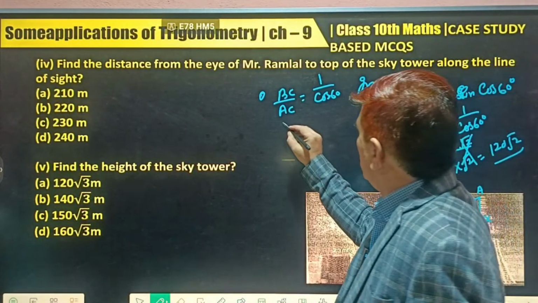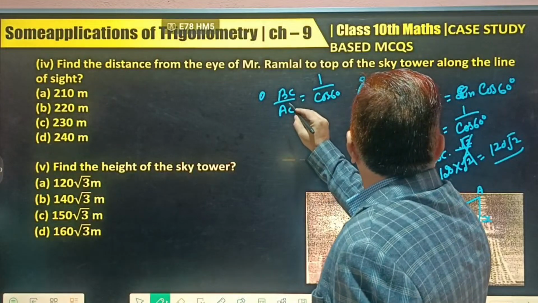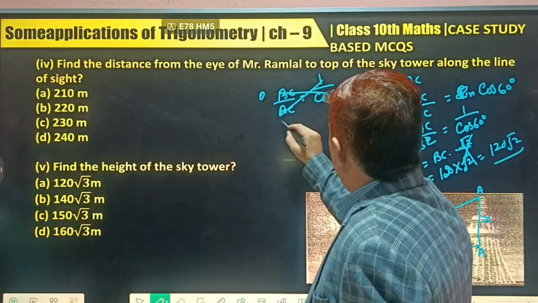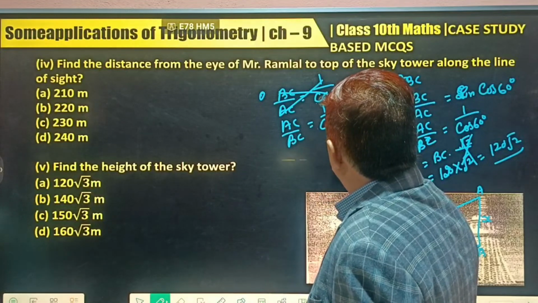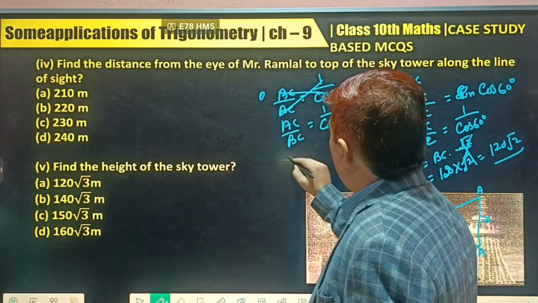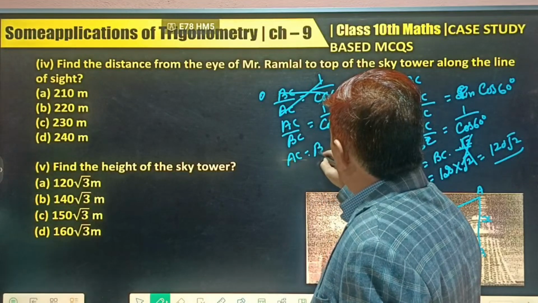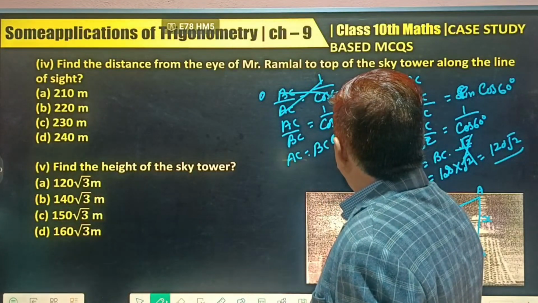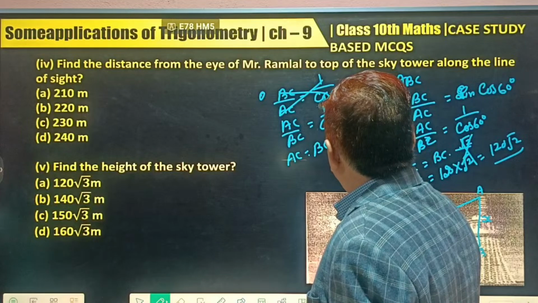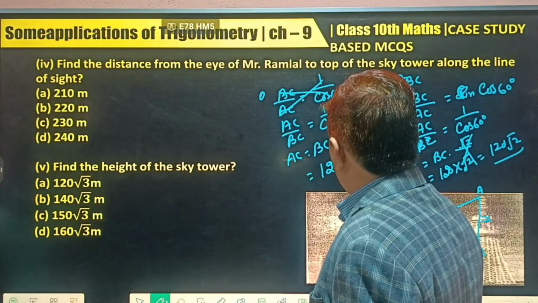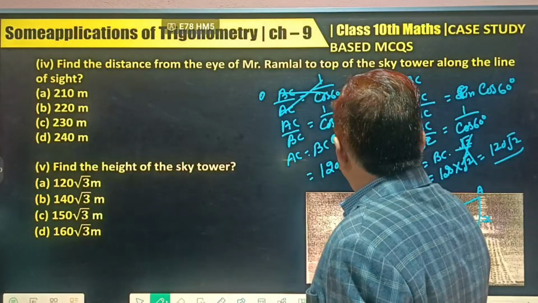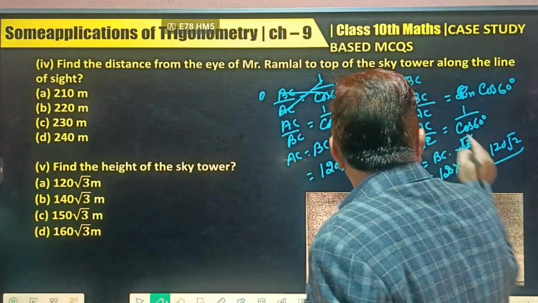So AC by BC is equal to 1 by cos 60 degree. So what's your AC? AC equals BC into 1 by 1 by 2. So 2 is coming here. So what's your BC? 120 into 2, how much? 240 meter.